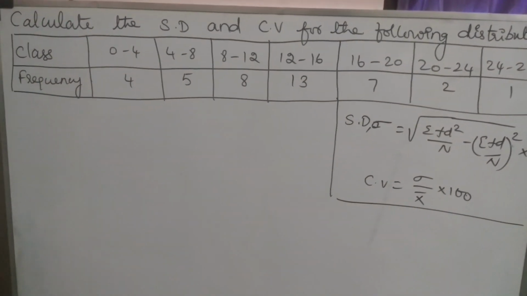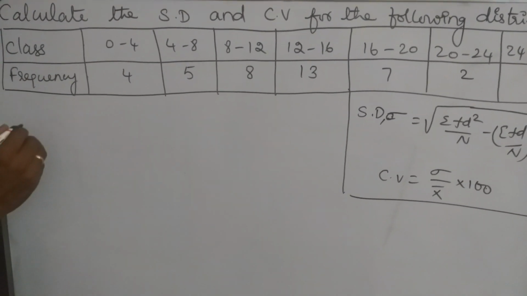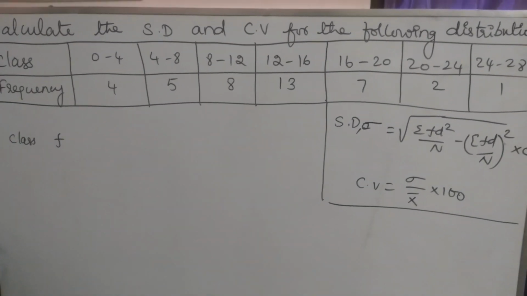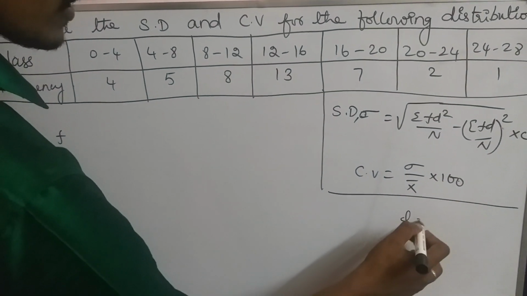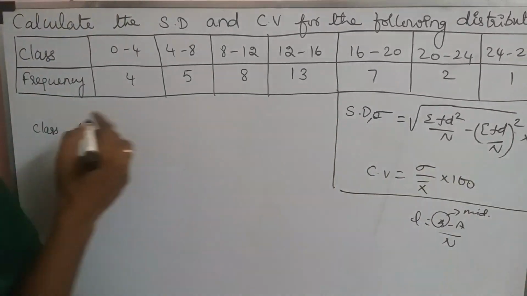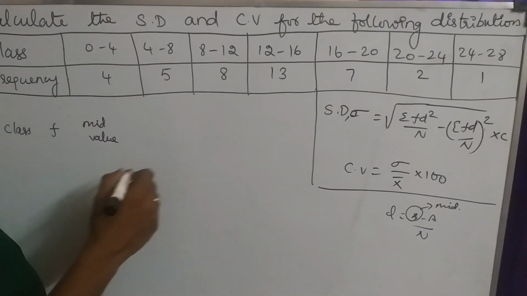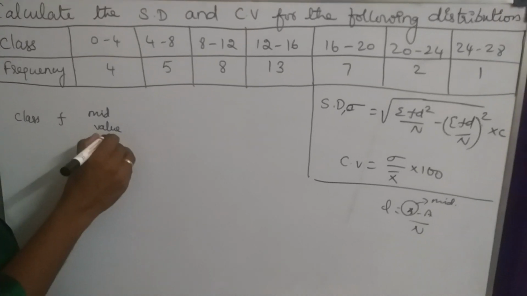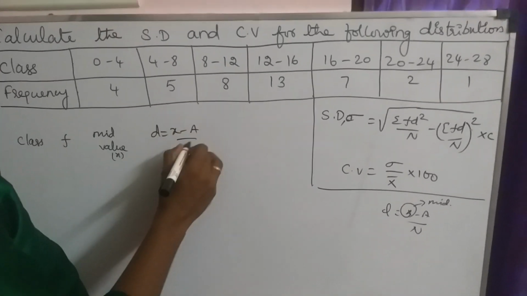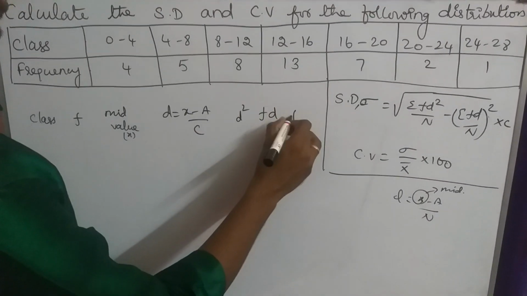Here the class and frequency are given. Write the class as it is, and write the frequency f. We also calculate d, where d is x minus A divided by c, and x is the mid value. So we write the mid value x, then d, then d square, and fd square.